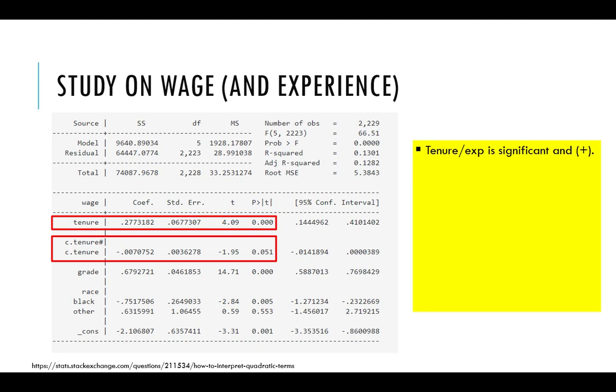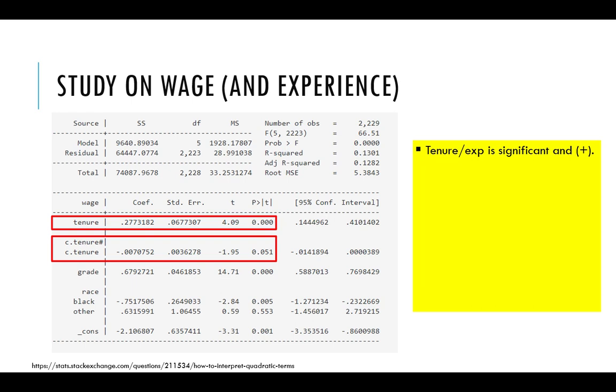Now, if we look at the first variable, tenure, not the squared part, but just the tenure, we see that it is significant, right? How do we know that? Everyone look at the p-value. A p-value of 0.000 tells us that it's significant at the 99.9% level of confidence, right?